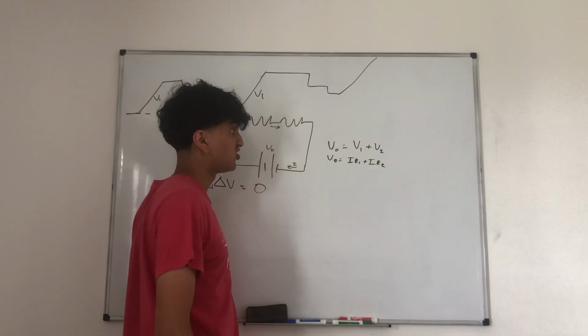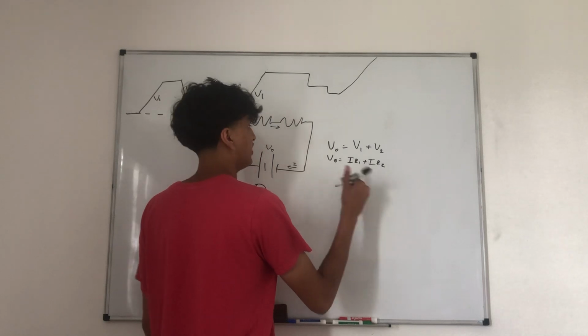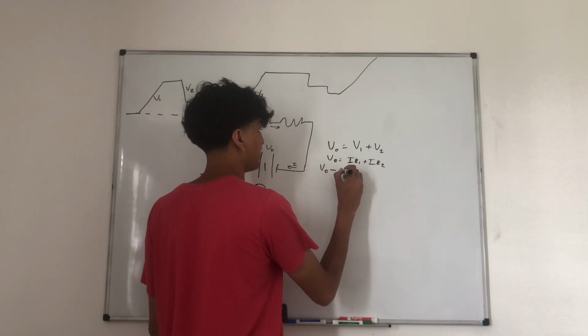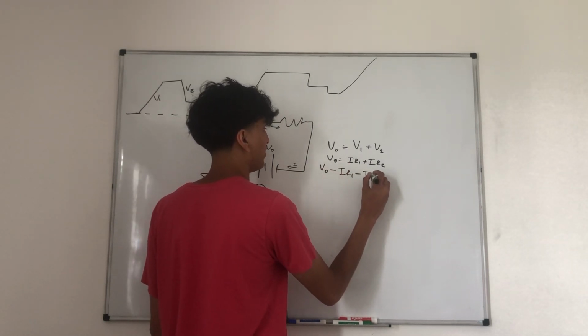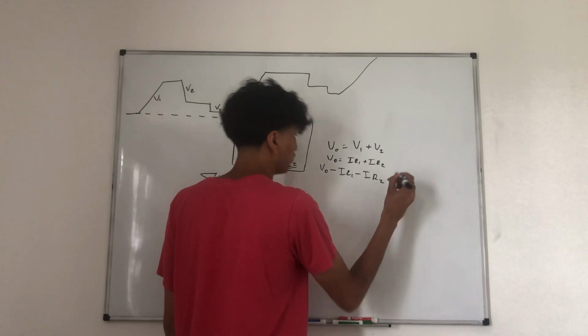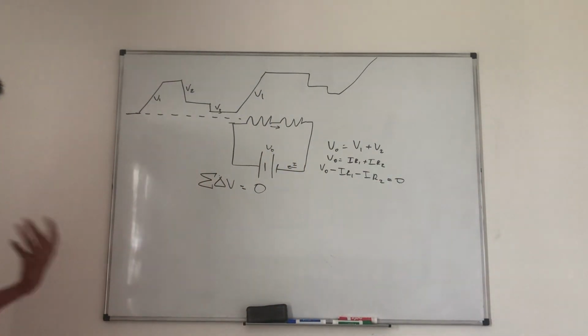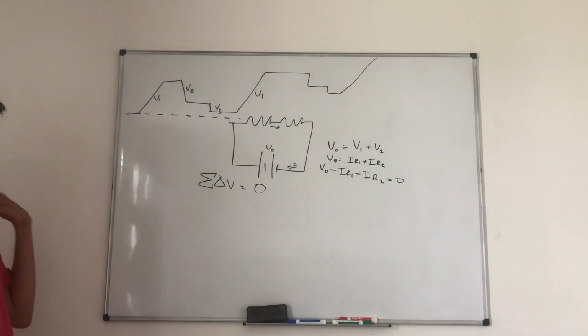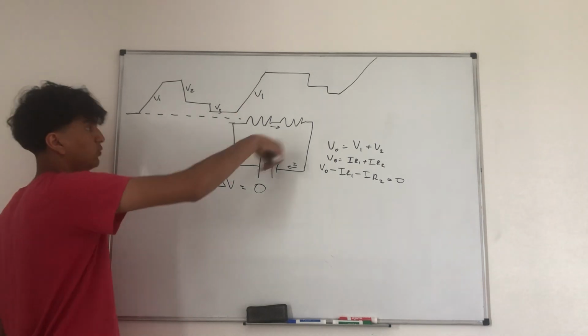So that just means V initial minus I R1 minus I R2 has to equal 0. You sum it all up, it has to equal 0. That way you're not going to get infinite energy going through the loop each single time.